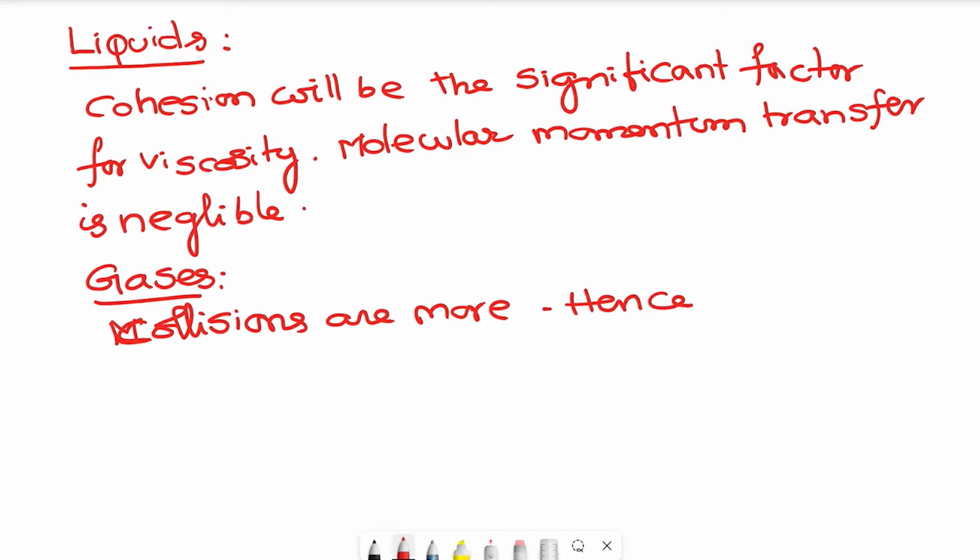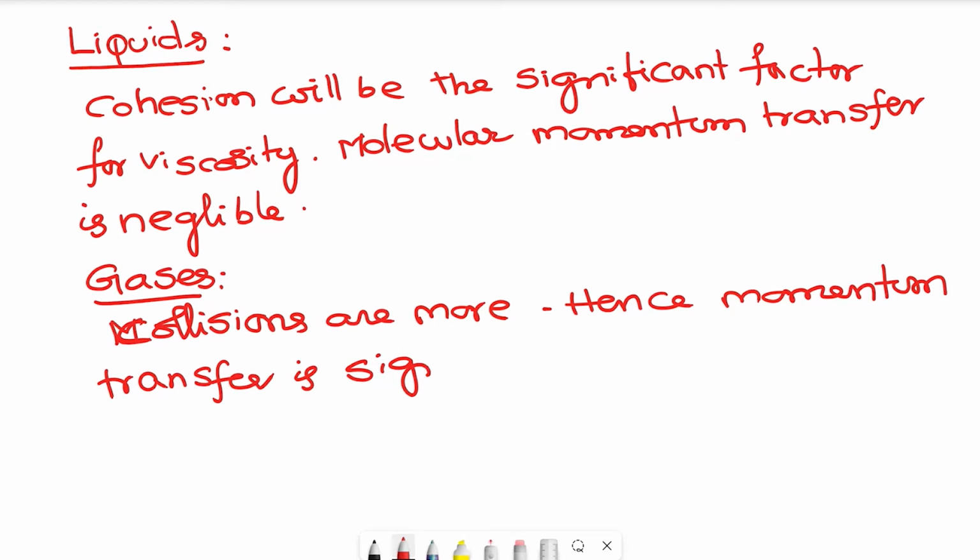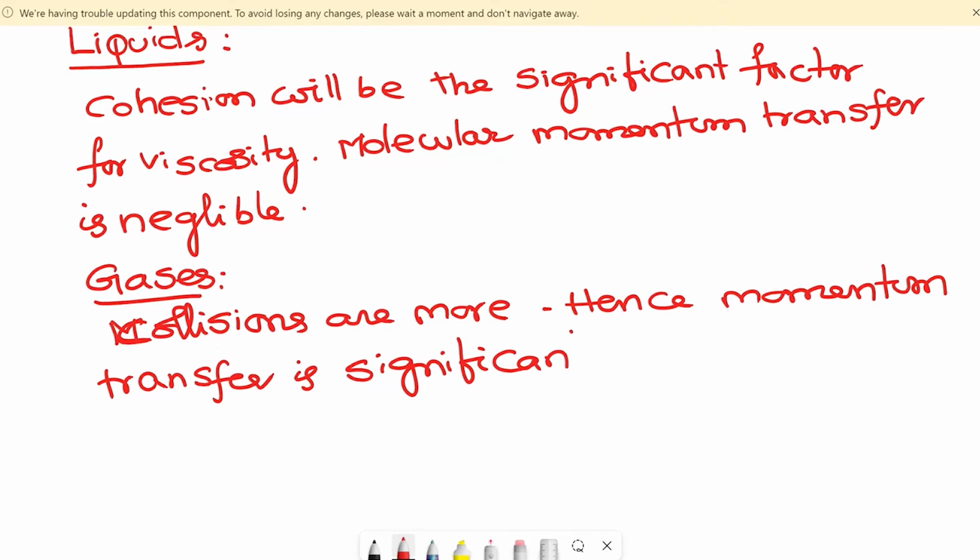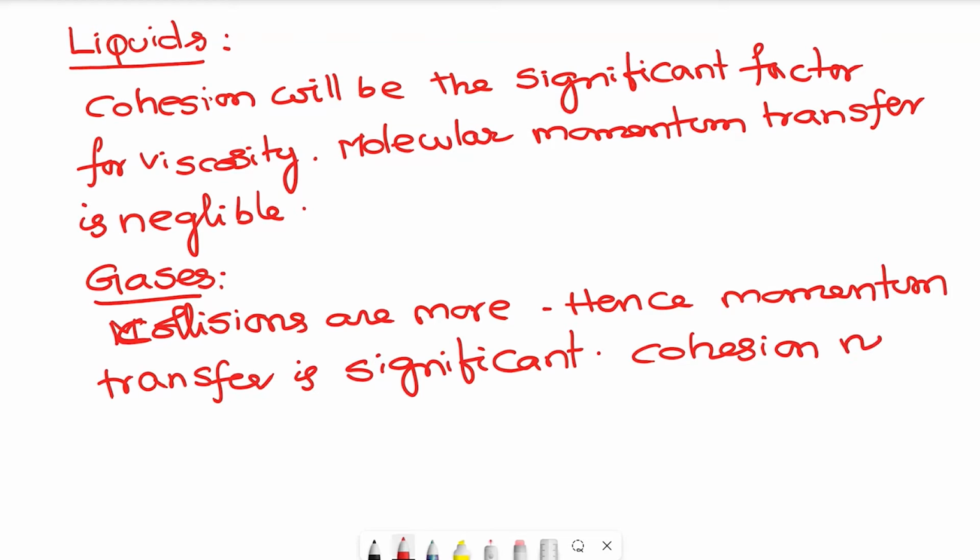Hence, momentum transfer is significant, but cohesion is negligible. So viscosity in gases is mainly due to the molecular momentum transfer, whereas in liquids it is mainly due to cohesion.